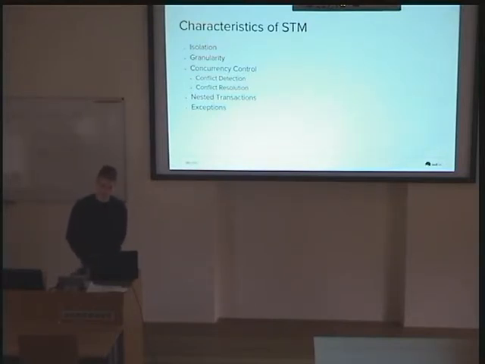Then there's the granularity of the memory that's being managed by the transactions. The typical one these days is object-based. So the unit of transactional memory that you're being protected by the transaction is your object. But in hardware implementations, you're talking about blocks, or you talk about actual words. So you can get fine-grained. But that has problems, because if you're touching a bit of memory, then the system has to track all the changes that are being made to it, so that it knows what to do at the end of the transaction.